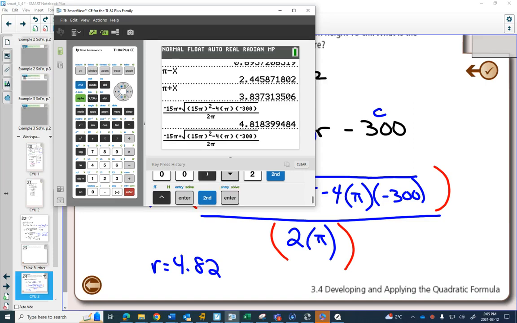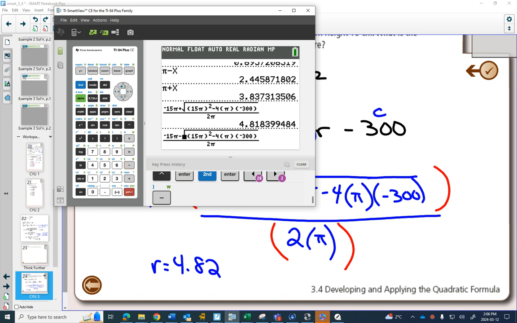That retypes what you just typed in, which is really nice because I want to do this exact same equation. The only thing different is I want to change that plus sign to a subtract sign. And that seems like a lot quicker than retyping the whole thing in again.